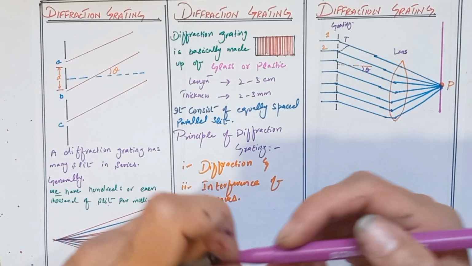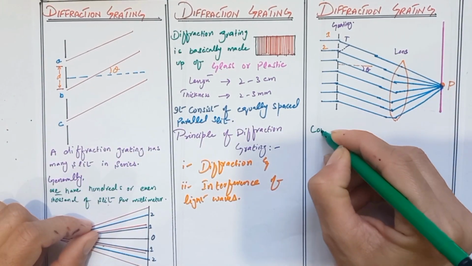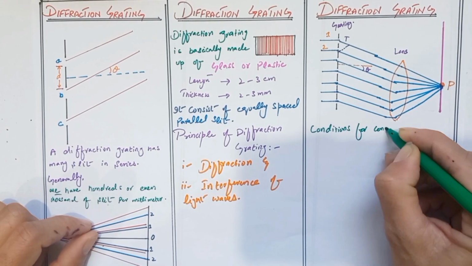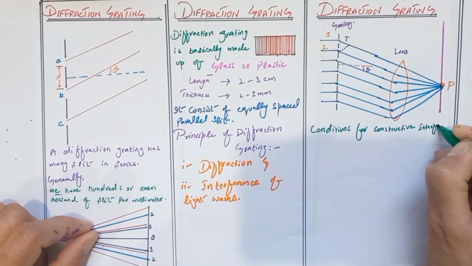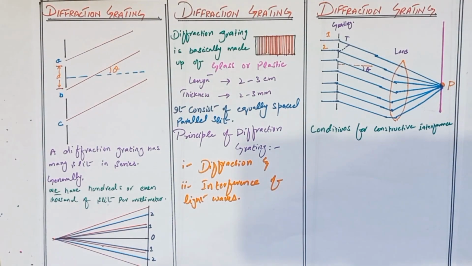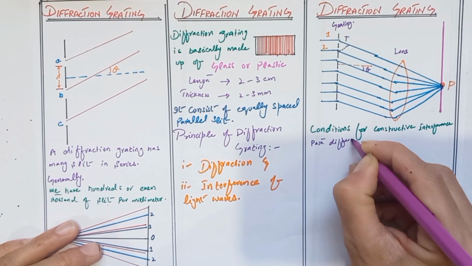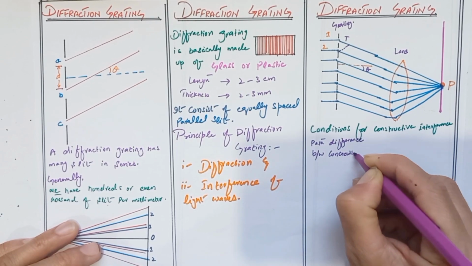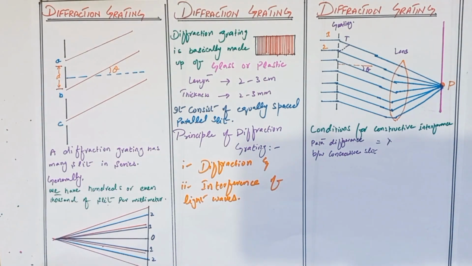So the condition for constructive interference: the path difference between consecutive slits is equal to lambda.